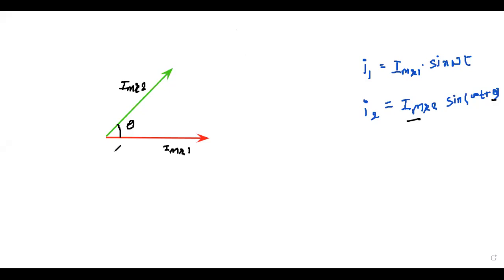So for that, listen carefully, you have to draw the same vector like IMR1, and you have to put that vector on the peak of IMR2.